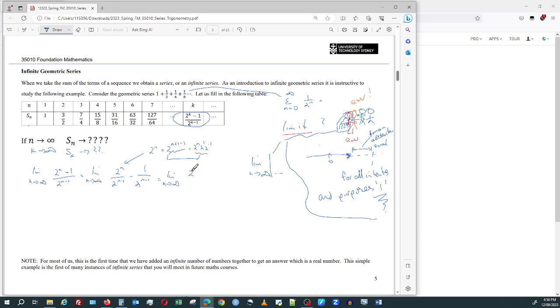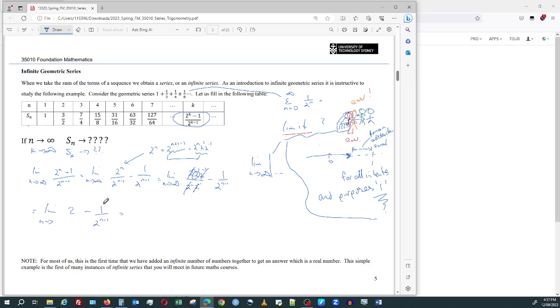So we're going to have 2 to the n, 2 to the 1, 2 to the minus 1 over 2 to the n, 2 to the minus 1, minus 1 over 2 to the n minus 1. So we can clearly see some of these are going to cancel. So we're going to be left with 2 up there, 2 to the power 1. So the limit as n approaches infinity has in this term a 2 and 1 over 2 to the n minus 1.